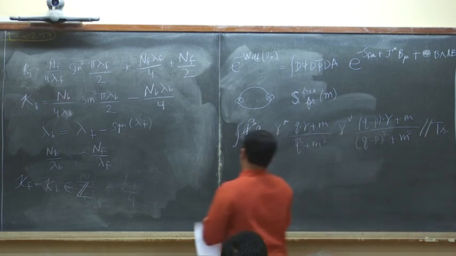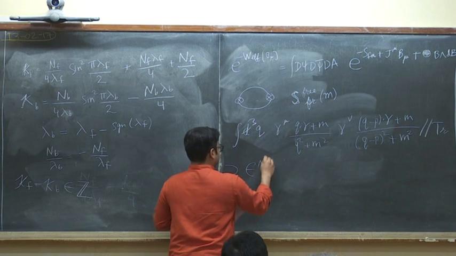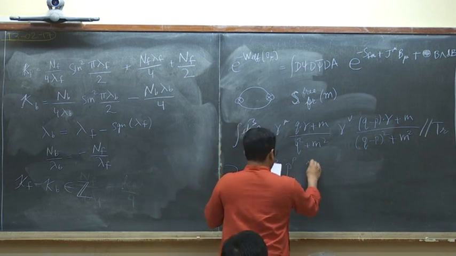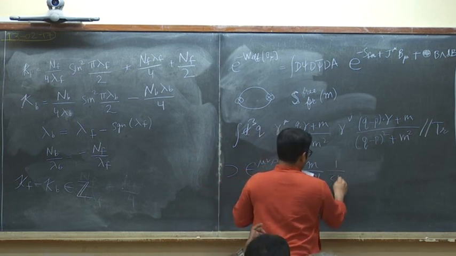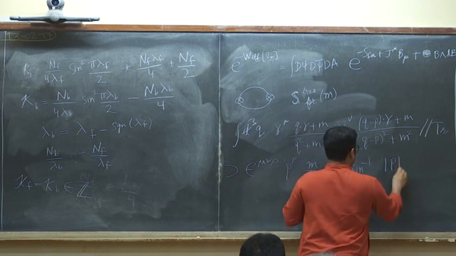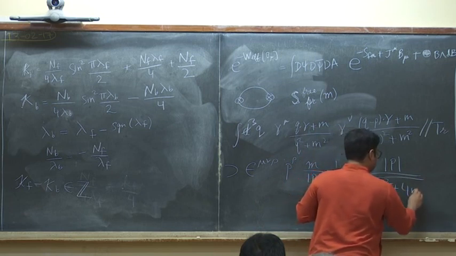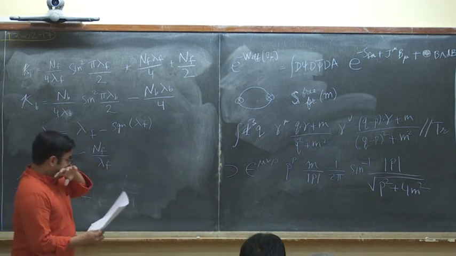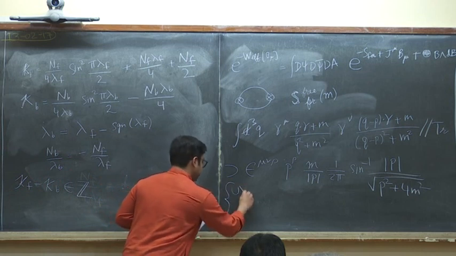So I can isolate that term, which will be epsilon_mu nu rho p_rho, m over mod p, 1 over 2 pi, sine inverse of mod p over square root of p squared plus 4m squared. Now, what I want to do is look at the UV limit and the IR limit of this.